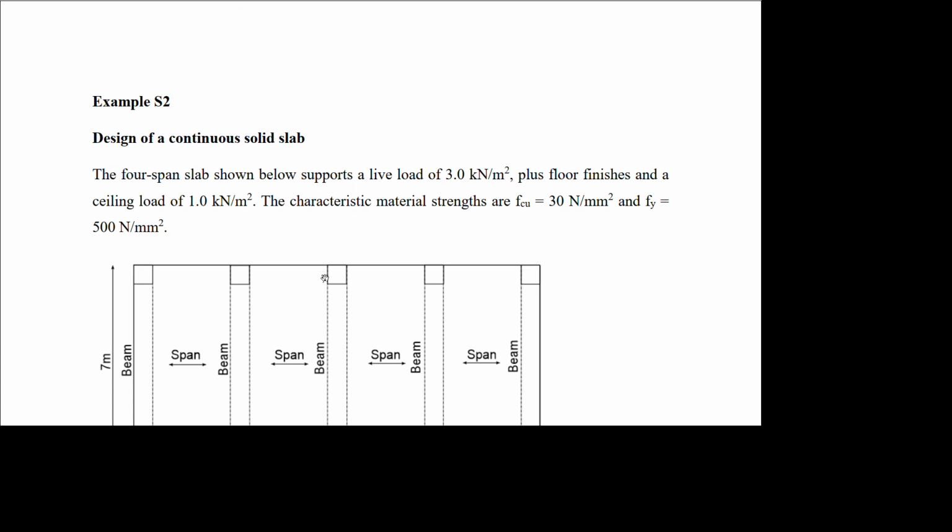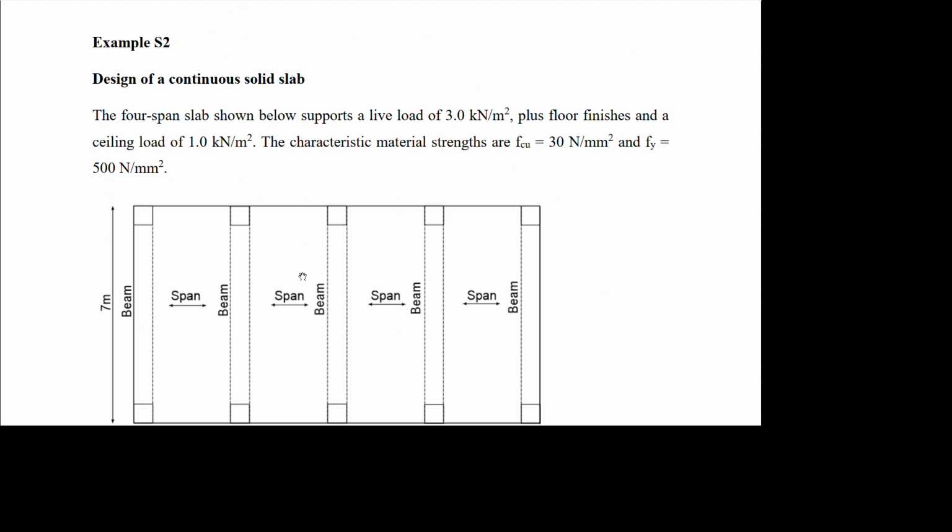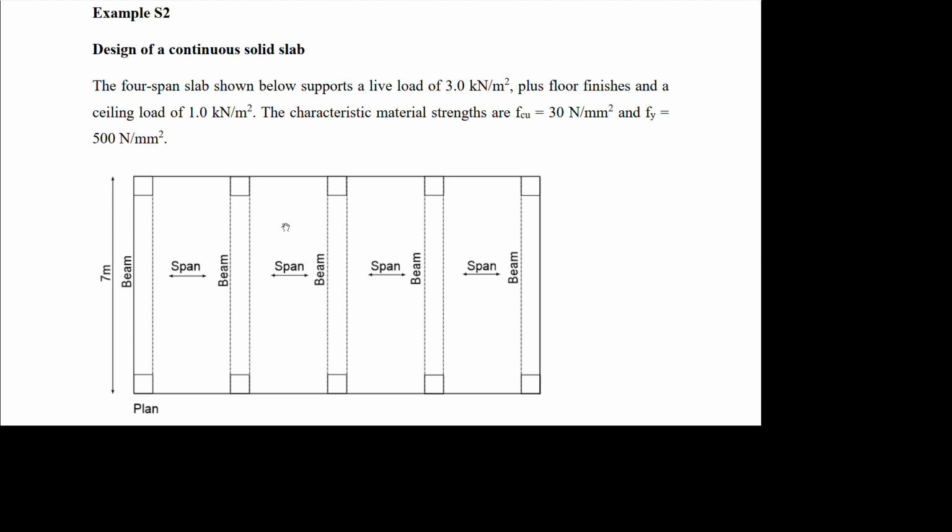Now, let us say, for instance, we have this floor, this 4-span slab, span 1, span 2, span 3, span 4, and it has a live load of 3 kilonewton per meter square plus finishes and ceiling load of 1.0 kilonewton per meter square. This ceiling load, you should know, will be added dead load, so it's very important.